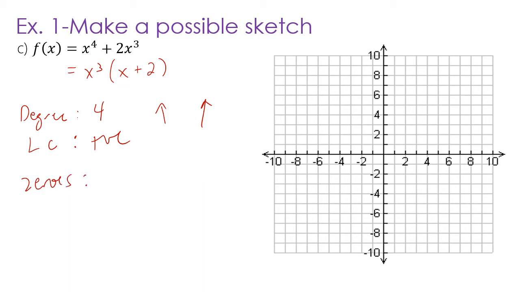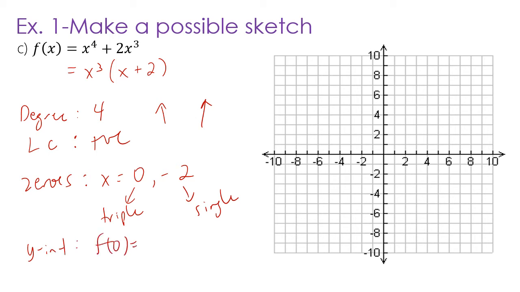My zeros, x equals 0 and -2. And that's a triple root, and that's a single root. Y-intercept, f of 0 gets 0.